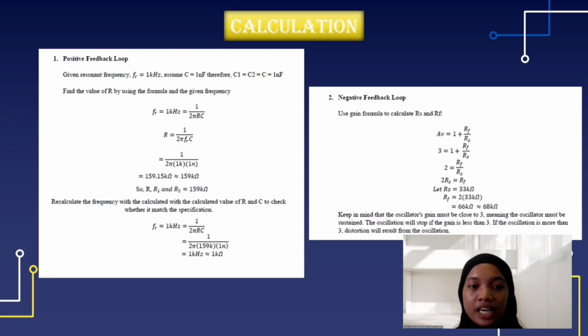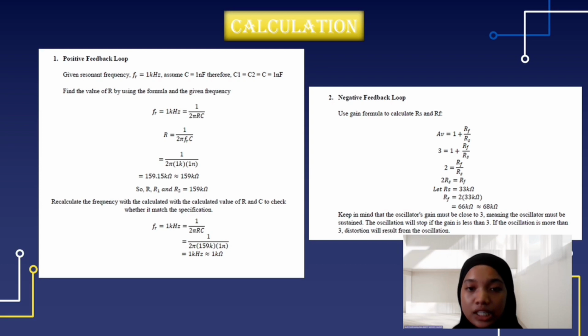Then, we find the value of R by using the formula and the given frequency, FR equals 1 kHz equals 1 per 2 pi RC. And we change the subject to R. R equals 1 per 2 pi FRC.